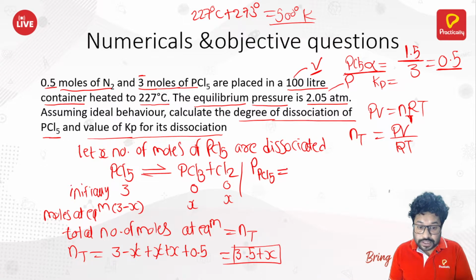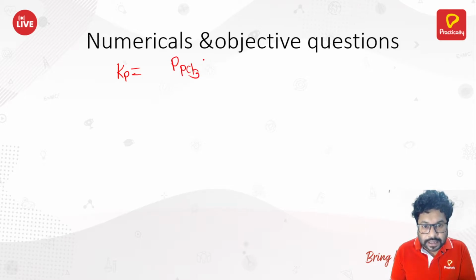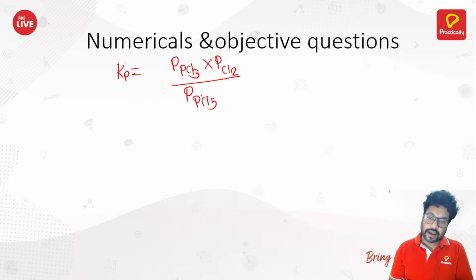Its number of moles divided by total number of moles, right? What are the total number of moles? 3.5 plus X. And what are its moles? 3 minus X. So let's calculate it here. Kp will be equal to partial pressure of PCl3 multiplied by partial pressure of Cl2 divided by partial pressure of PCl5.